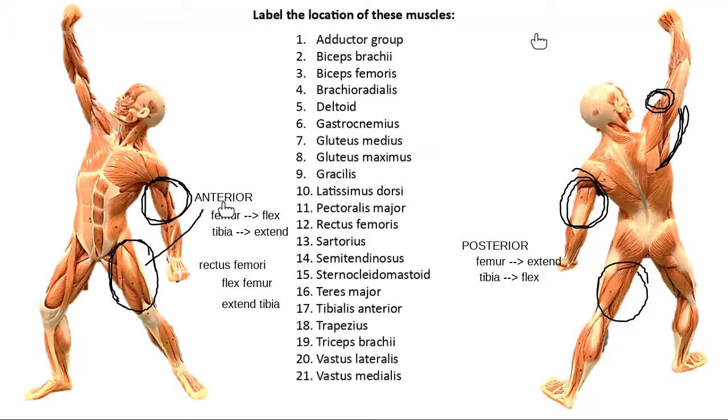Memorize those rules. Consider the drawings that we did when we talked about the origin and the insertion, to help us with those rules. If we know those rules and we know the specific locations of each of those muscles, we're in really good shape.